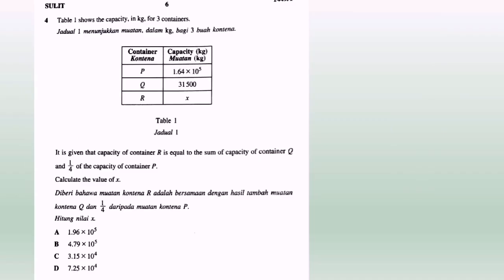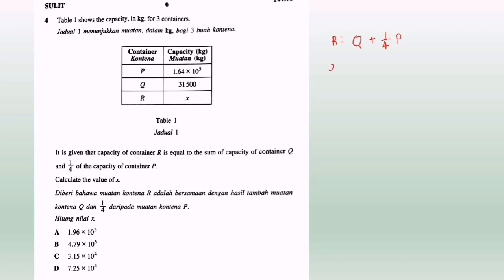Table 1 shows the capacity in kilogram for 3 containers. It is given that capacity of container R is equal to the sum of capacity of container Q and 1/4 of the capacity of the container P. Calculate the value of S. So first, R equals Q plus 1/4 P. So refer to the table.